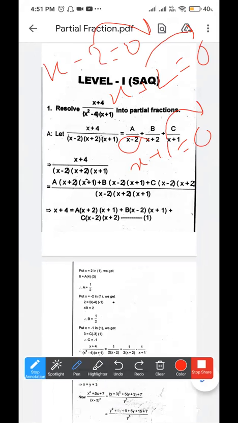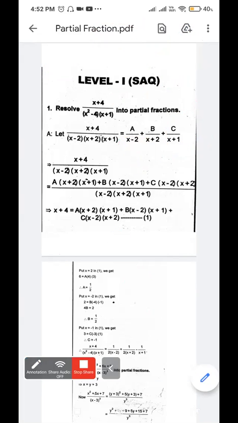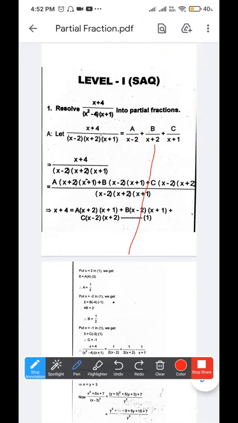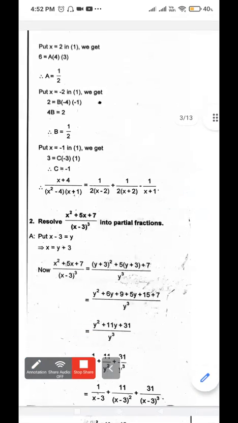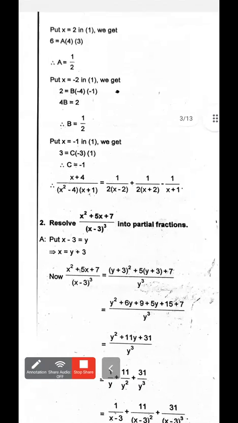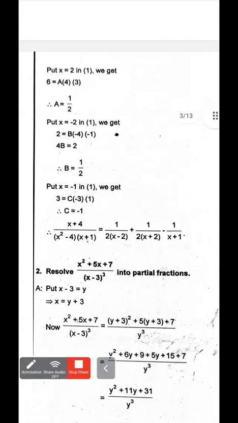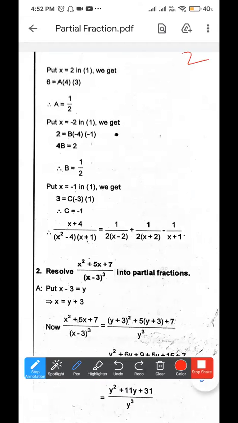So it will become x = 2, x = -2, and x = -1. Right? We got three values of x now.